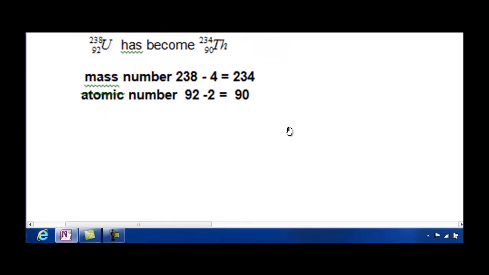Okay, let's do example 4 from page 123. I have my arrow, which is really an equal sign, right? It divides my parent from my daughter. Example 4 on page 123. I have Pb, which is called what? Lead.